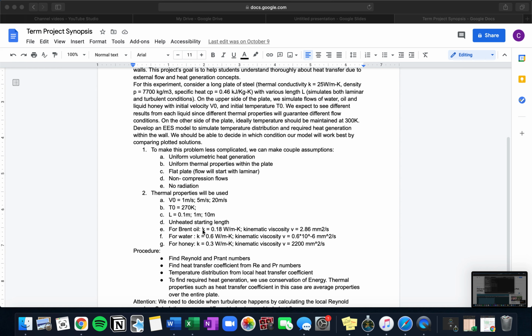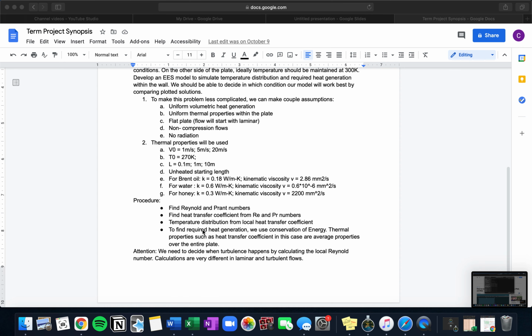The procedure is: step one, we have to find the Reynolds and the Prandtl numbers. From the Reynolds and Prandtl numbers, we can find the heat transfer coefficient.